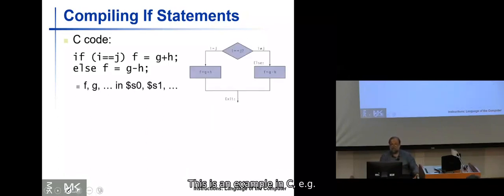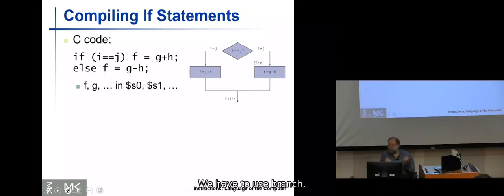This is an example in C. Write: if i equals j, then f gets g plus h, else f gets g minus h. Okay? How do we write it in assembly?